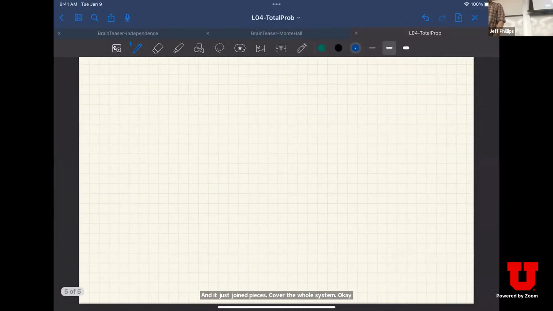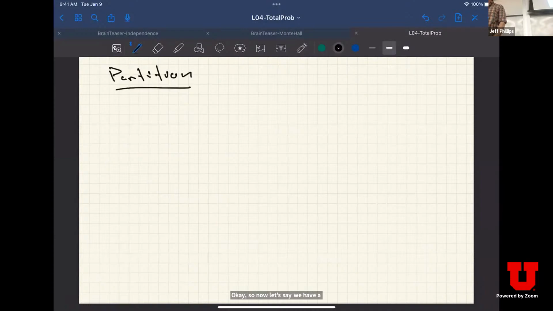Okay, so now let's say we have a partition B1 through BK of the total sample space.